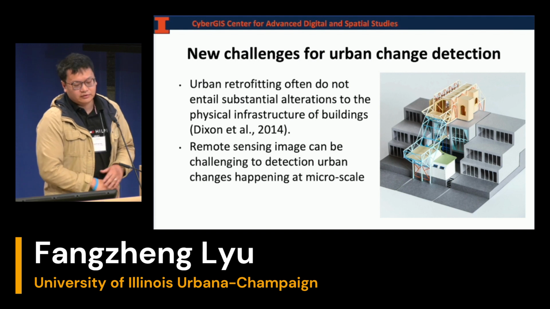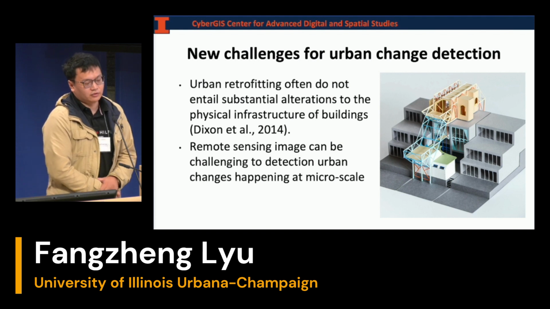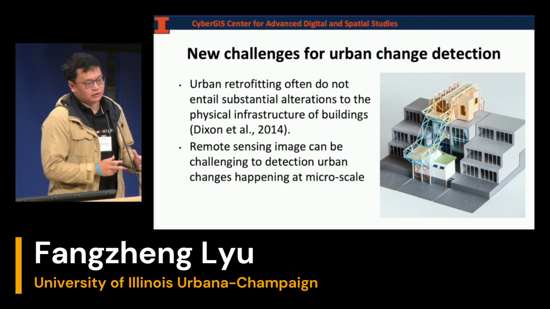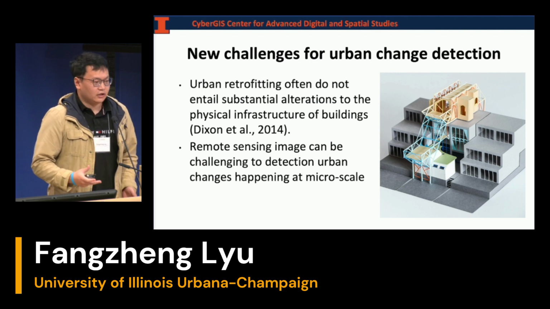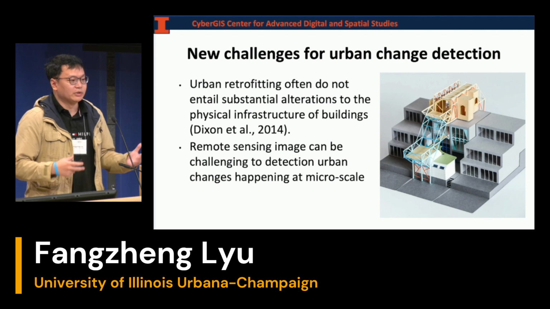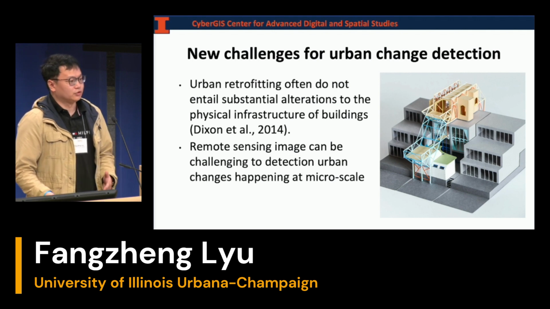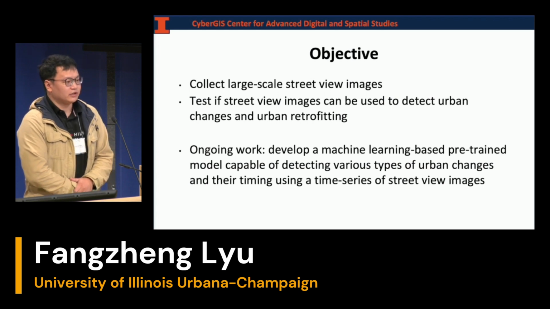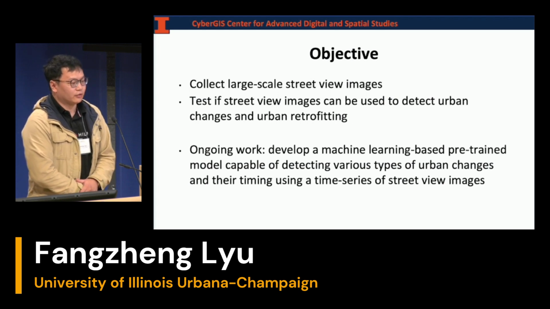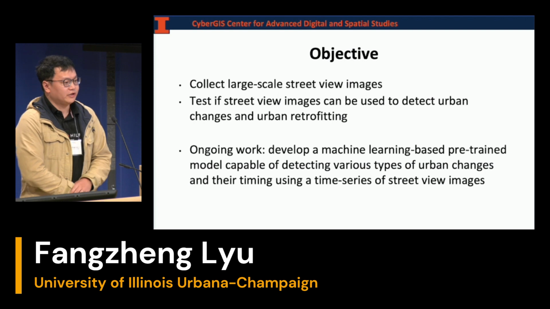As a result, remote sensing has difficulty determining whether urban retrofitting is happening in an area, especially due to the limited spatial resolution it can provide. So we need a new data set for urban retrofitting detection.